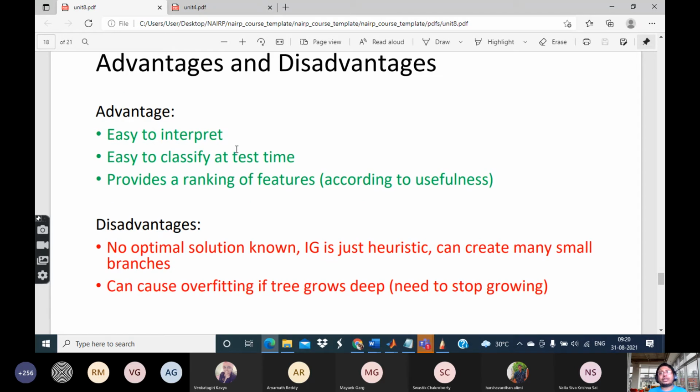I may not need all the capital D features at all. In fact, it may happen that capital D equals 500, but only 5 features are informative. So this decision tree framework helps me identify and rank all those features in a particular order so that I can choose them according to however many I can afford.